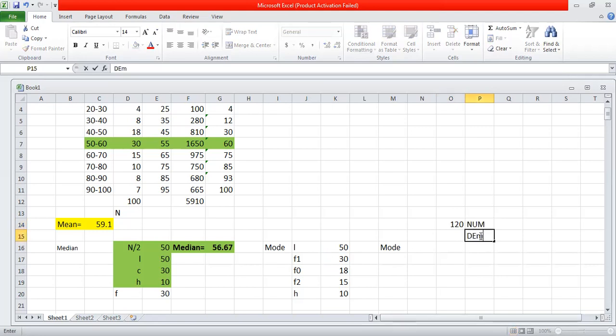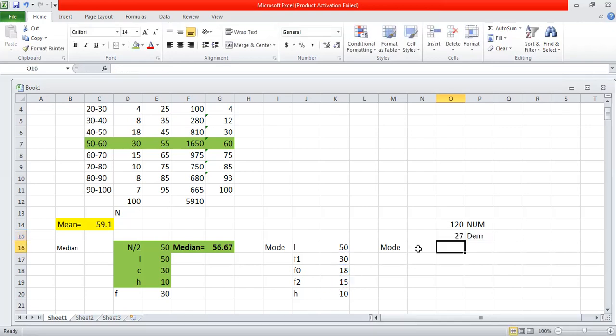Next I'll find out the denominator value. So in denominator, what we have? Open the bracket, 2 into F1 minus F0 minus F2. So this is the denominator value.